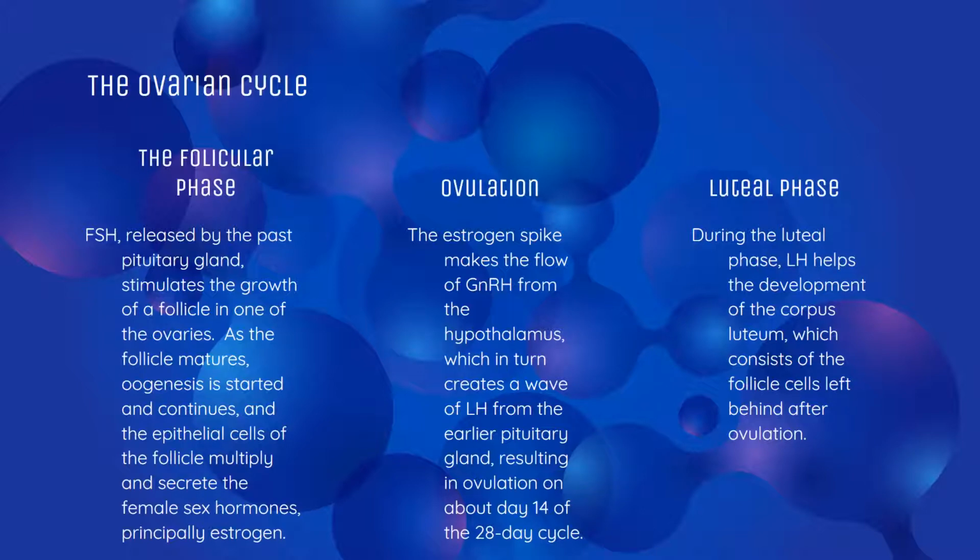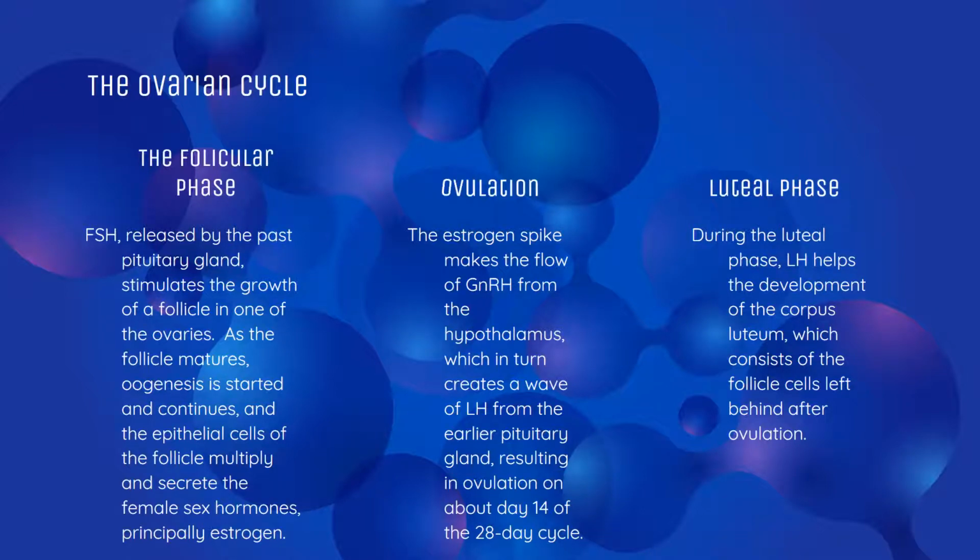As the follicle matures, the epithelial cells of the follicle multiply and secrete the female sex hormones, mainly estrogen. As estrogen levels rise, negative feedback stops the secretion of FSH, and the follicular phase comes to an end.